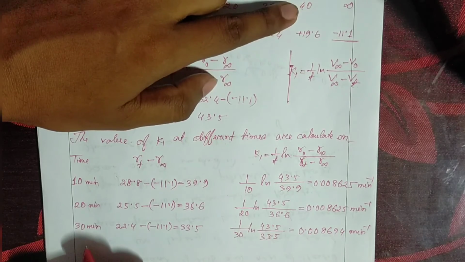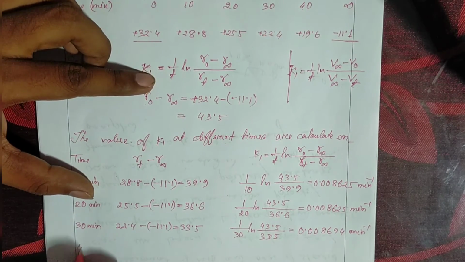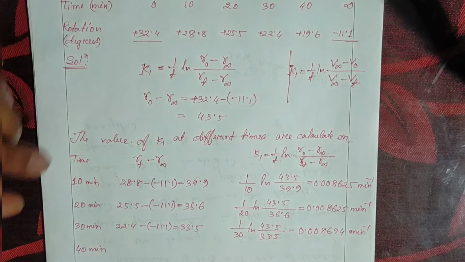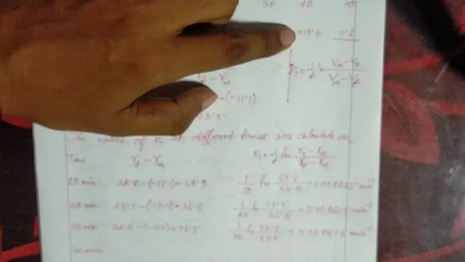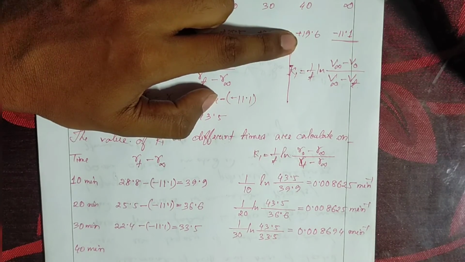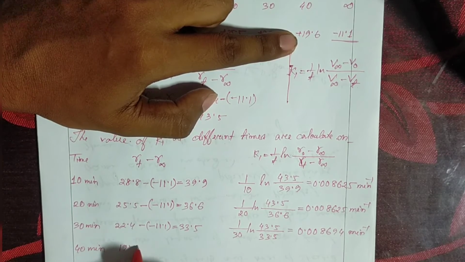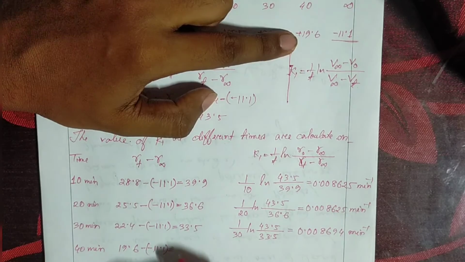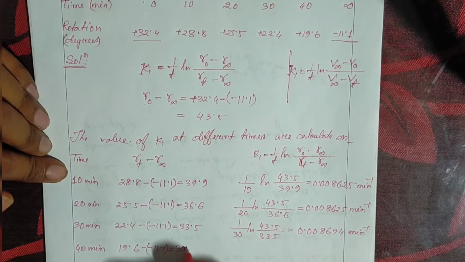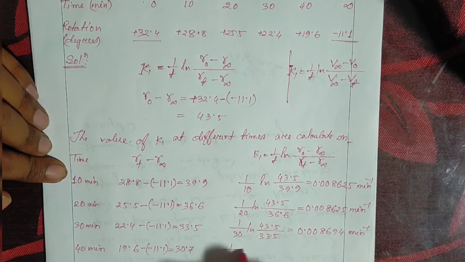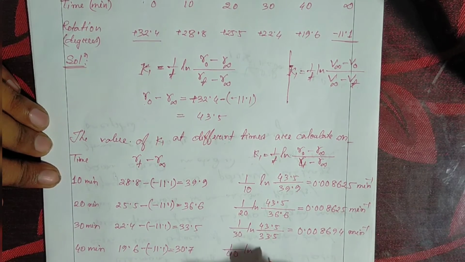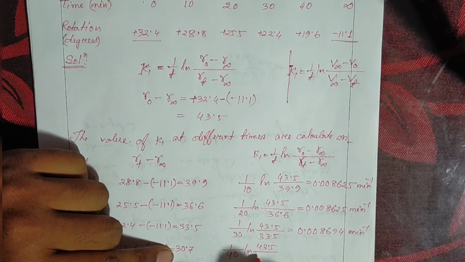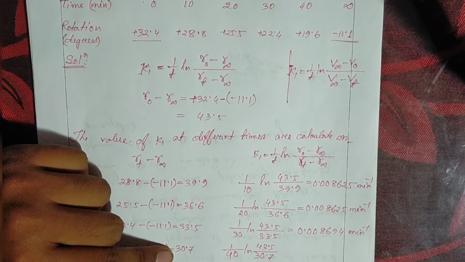Next we will calculate for 40 minutes. 40 minutes is this one, 19.6 minus 11.1 is equal to 30.7. 40, ln, it will be the same 43.5, and we will write this 30.7.